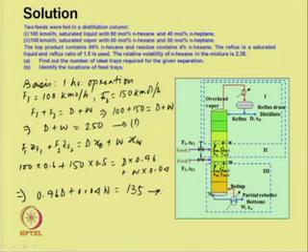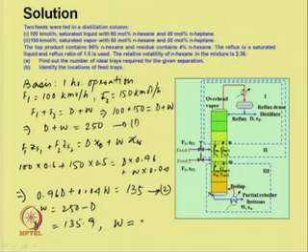Say this is equation 2, and if we substitute from equation 1, then we can write W is equal to 250 minus D, and if we substitute in equation 2, D would be equal to 135.9, and if we substitute this in equation 1, W would be 250 minus 135.9, which would be equal to 114.1.